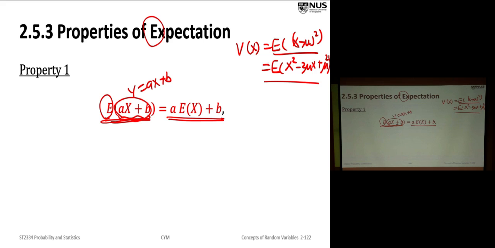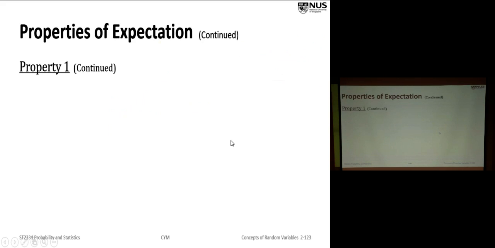It can be shown that this is the same as finding the expectation of x first, multiplying by a, and then adding b. These two are the same. This will be very useful. We just prove it for the discrete case. For the continuous case, you have to prove it through integration.